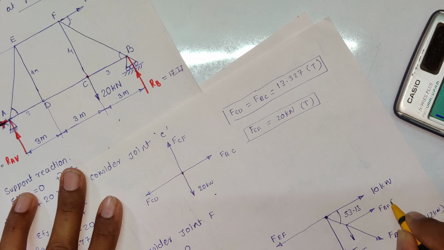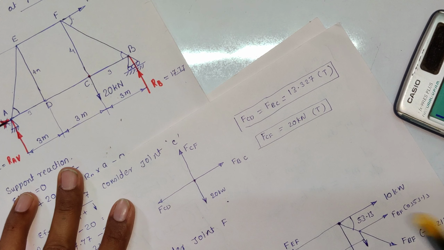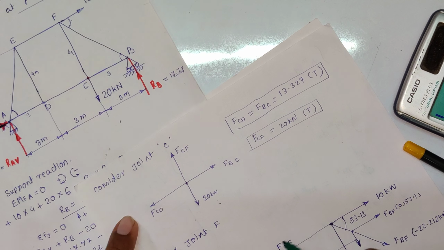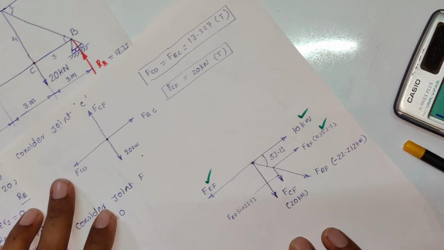FBF cos 53.13, and this component is FBF sin 53.13. Right. So we'll take horizontal forces. You can see in this diagram, horizontal forces are 1, 2 and 3.